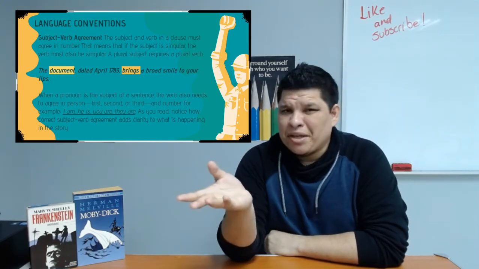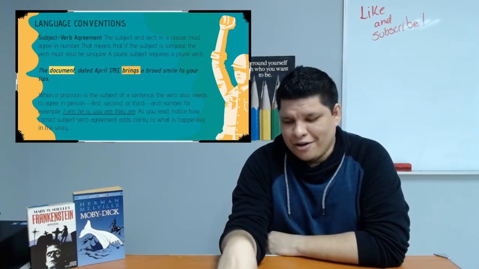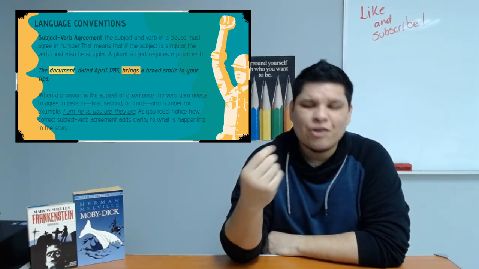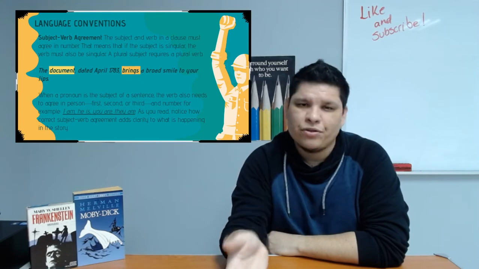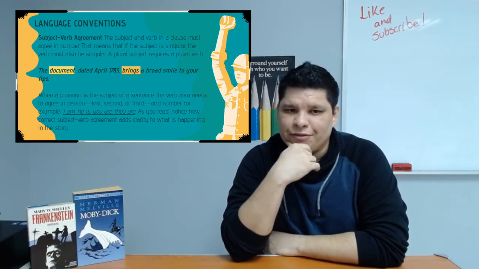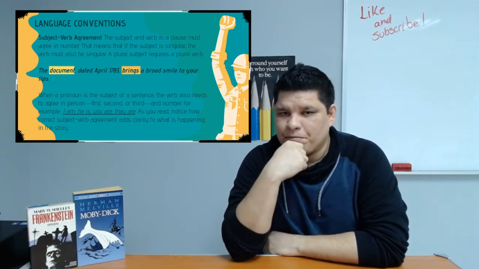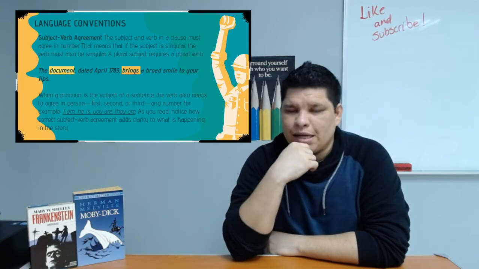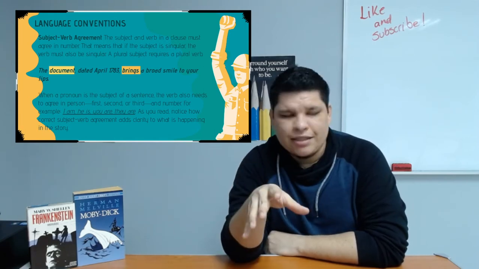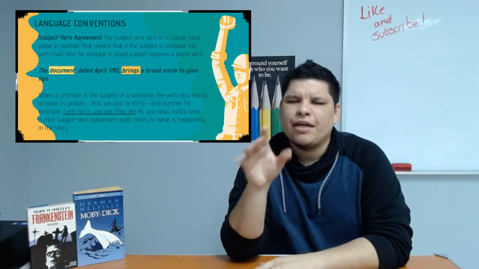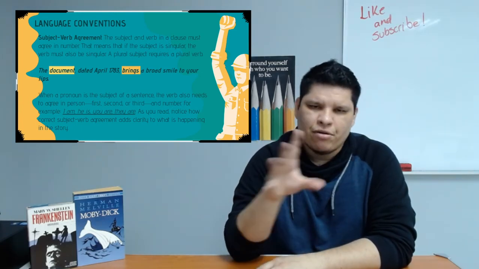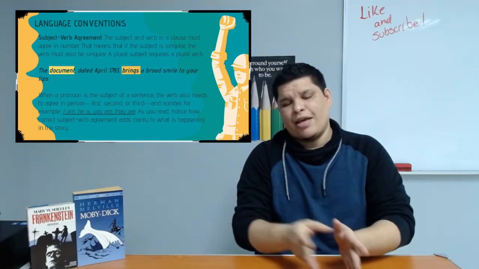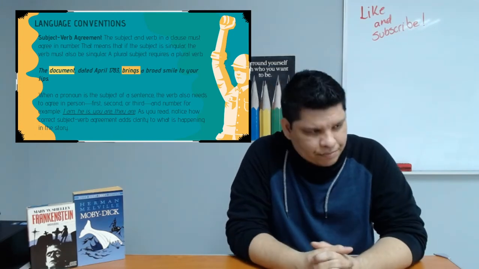That's even more complex in Spanish, in which they not only have to agree in grammatical number, but also in grammatical gender, if it's male or female, if it's a man or a woman. In English, that's not necessary. We're going to use only number agreement, if it is singular or plural.